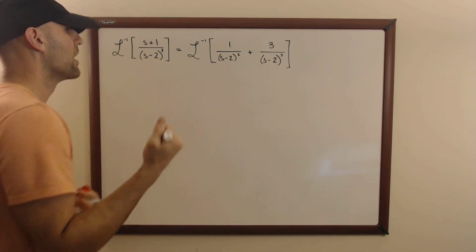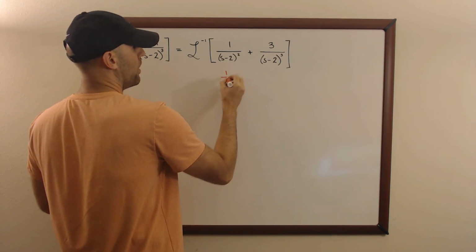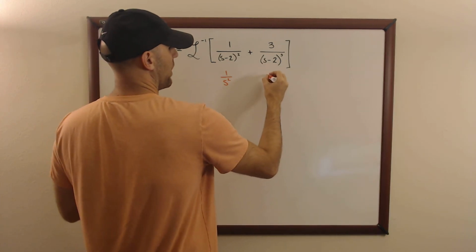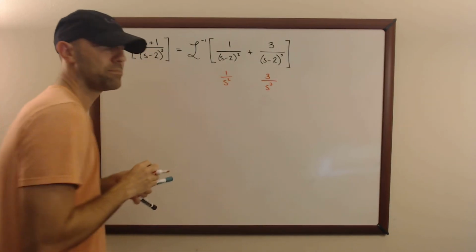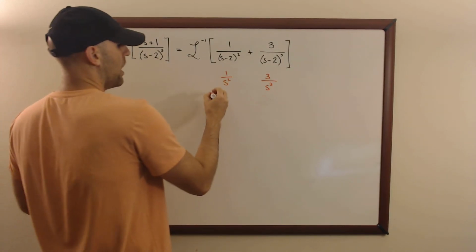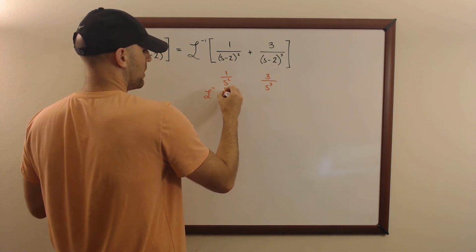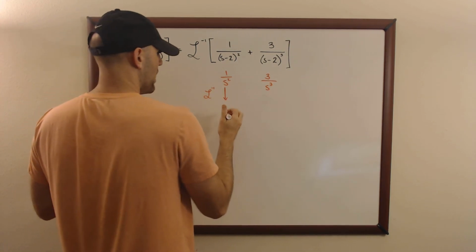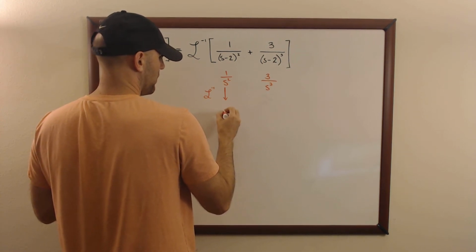So let's go ahead and see if we can untranslate these. So this is a shifting of 1 over s squared. And this is a shift of 3 over s cubed. So I know that the inverse Laplace transform of 1 over s to the n power is t to the n minus 1 divided by n minus 1 factorial.